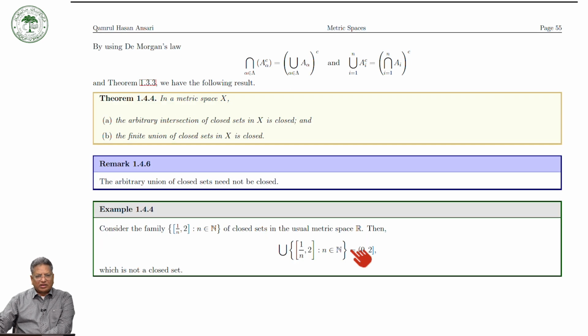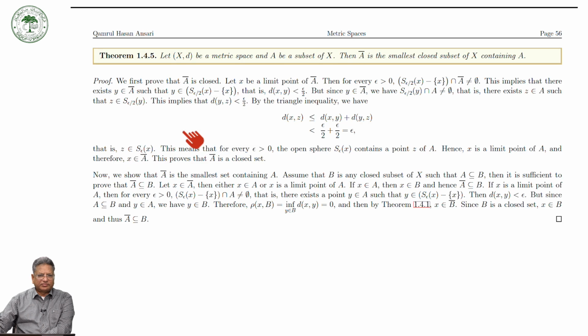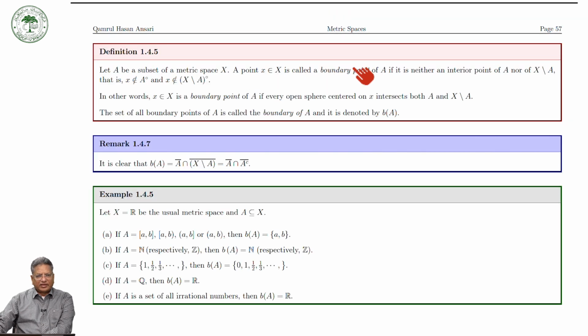And then we proved that arbitrary intersection of closed sets is closed and finite union of closed sets is closed. But arbitrary union of closed sets need not be closed. This we have seen. And then we proved that the closure of A is the smallest closed subset of X containing A. Okay.